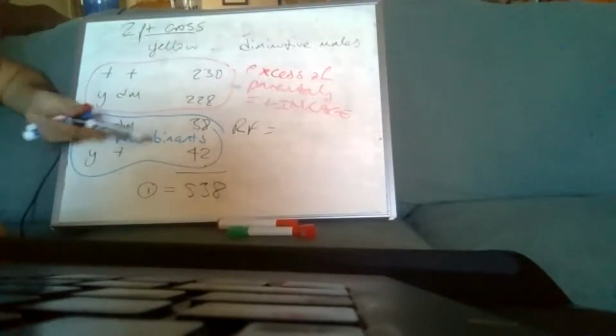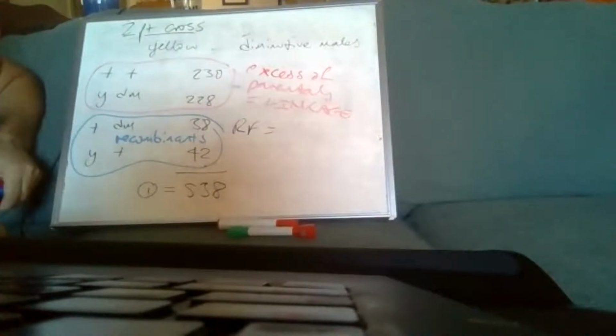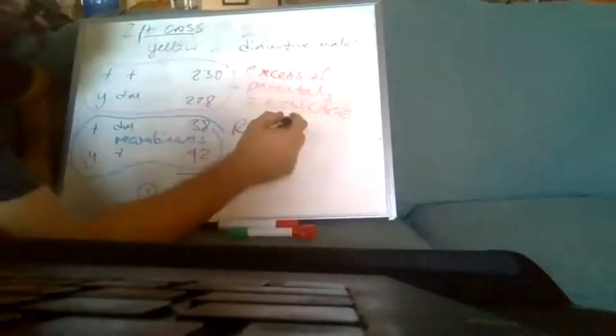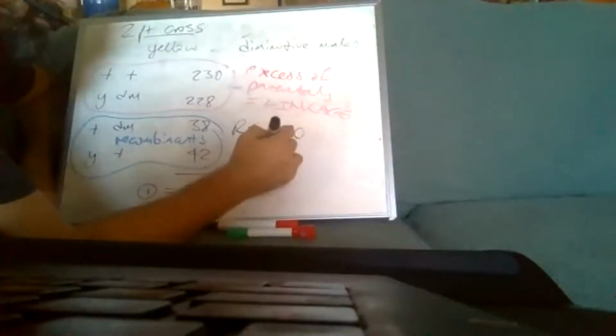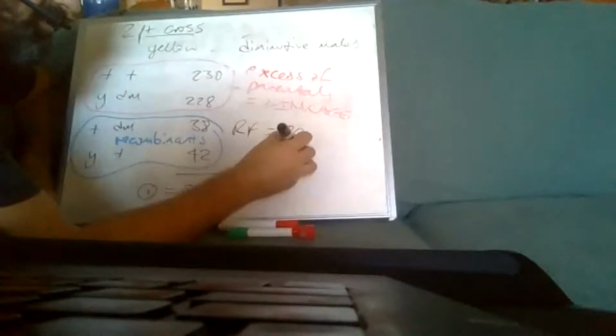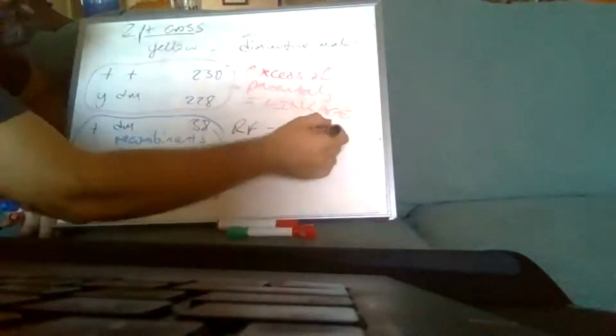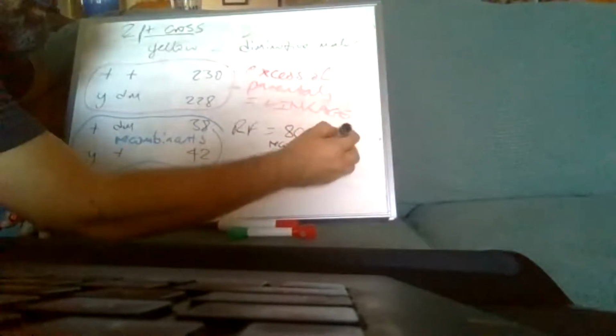Yeah, we've got to add the recombinants together and then divide by the total. So I'm going to take a risk, and I think that's 80. So we have 80 recombinants divided by 538.